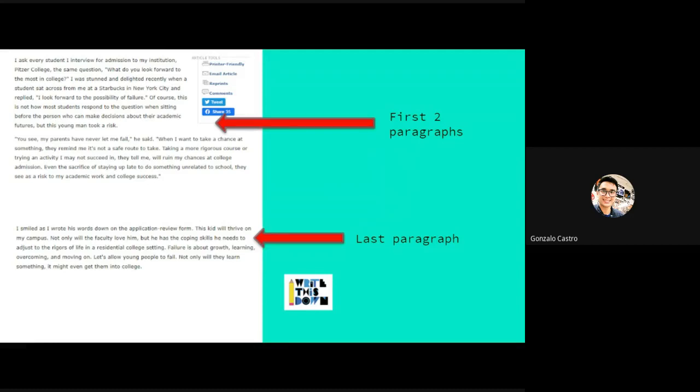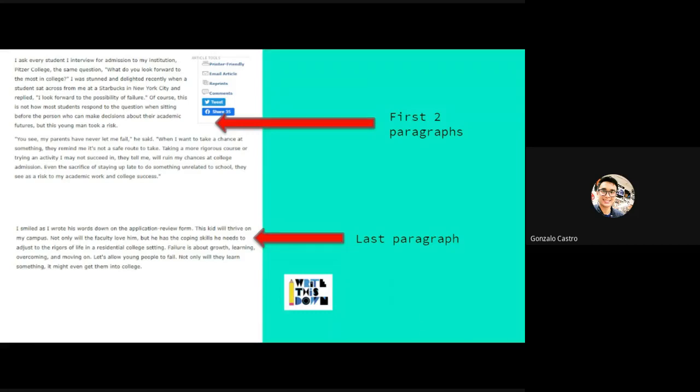So taking a look at these three paragraphs, something that grabbed my attention was the word failure and fail. In the first paragraph, we see, I look forward to the possibility of failure. Paragraph 2, you see, my parents have never let me fail. And lastly, in the last paragraph, failure is about growth, learning, overcoming, and moving on.